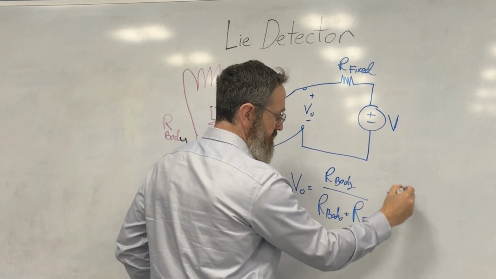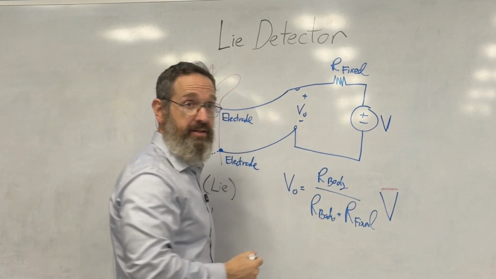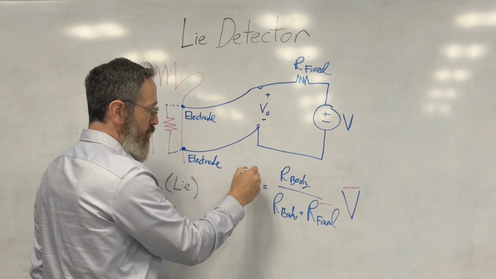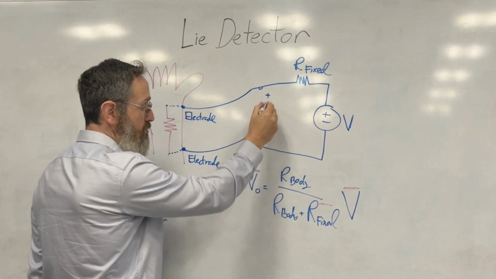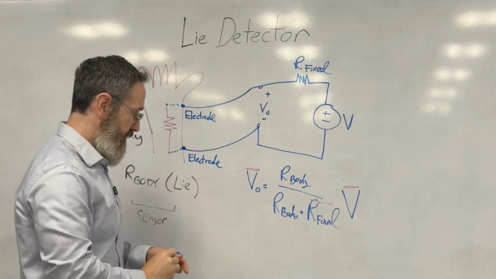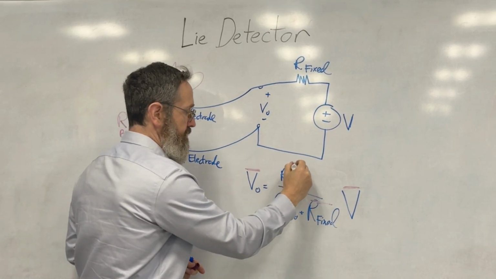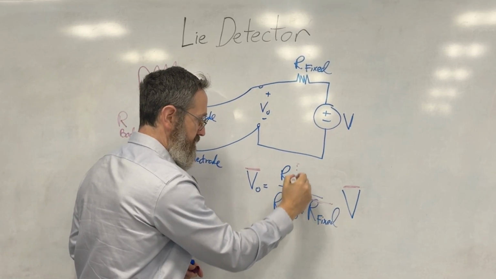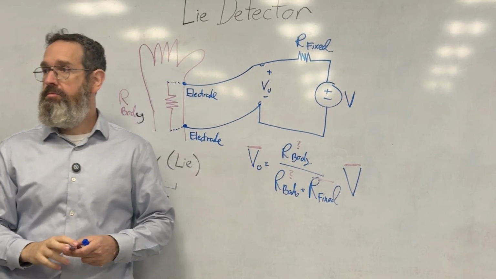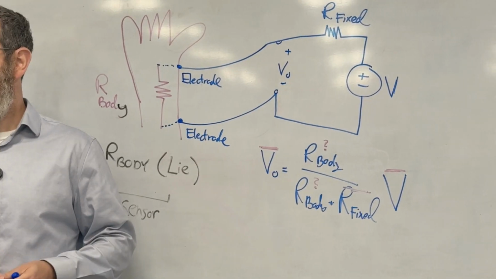Well, we know this, I'll put a line over it, because we picked it. We know this because we are measuring it. So it's really one equation with one unknown, just like before, right?